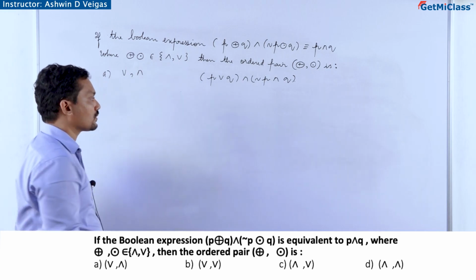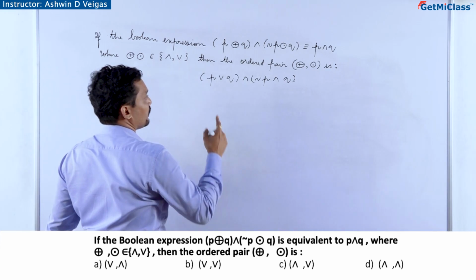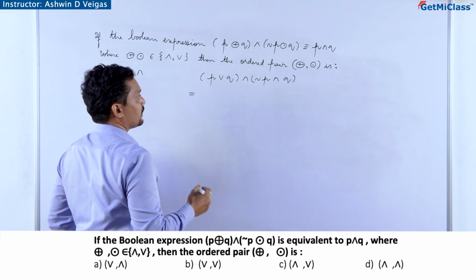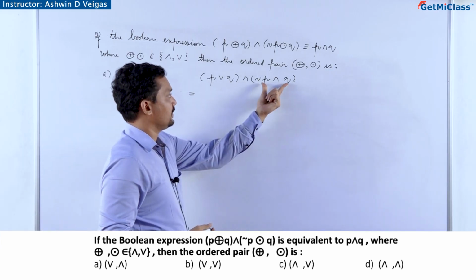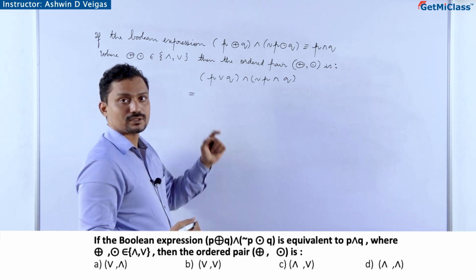Okay, now we should try to simplify this. So now what I will do is use the distributive law. This is P and this. Now this is or, this is and. So we will use the distributive law.